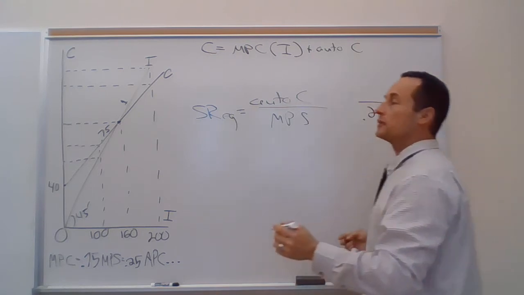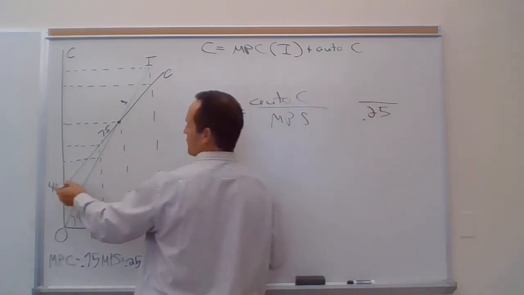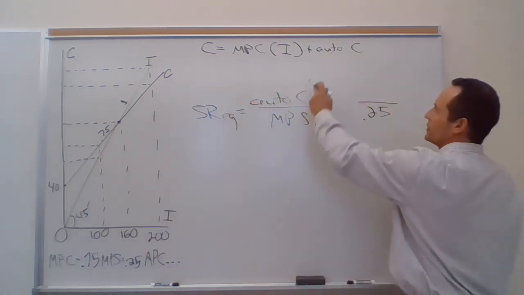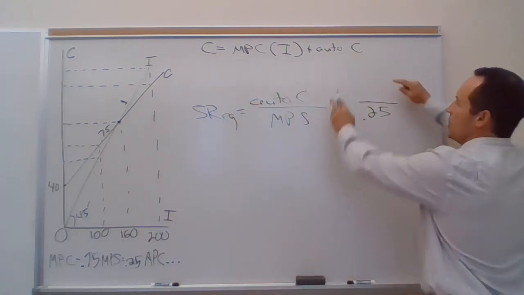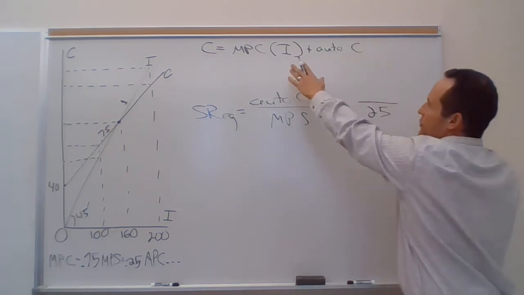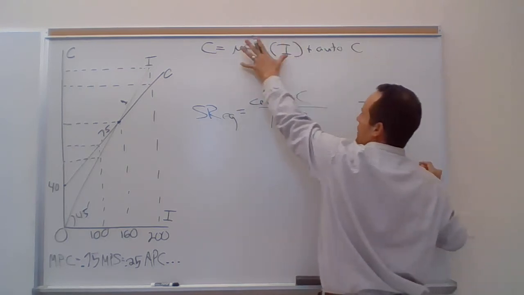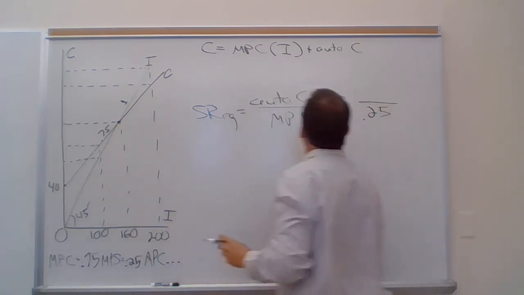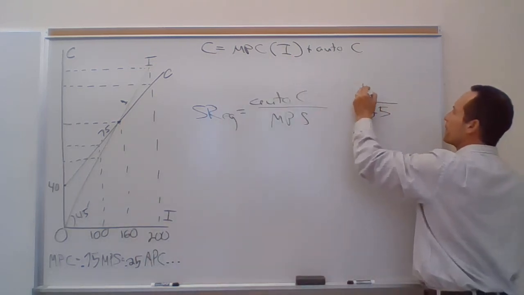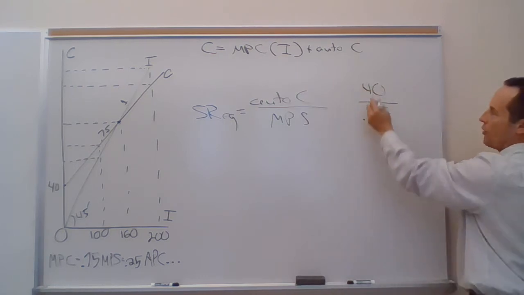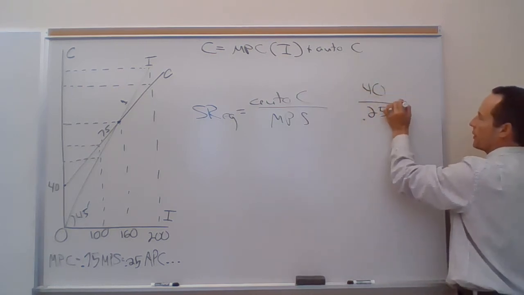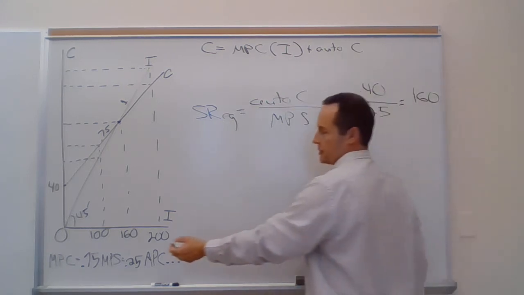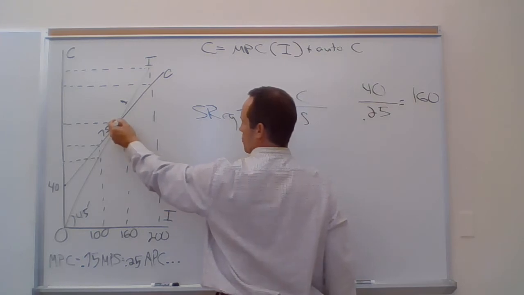Autonomous consumption is the vertical intercept of the consumption function, which is this line right here. That line written out is this right there. So autonomous consumption, if income is zero, this element here zeroes out. We still have autonomous consumption. Well, there it is. It's 40. If we solve this by multiplying top and bottom by 4, we get 160. And yes, 160 is our short-run equilibrium.